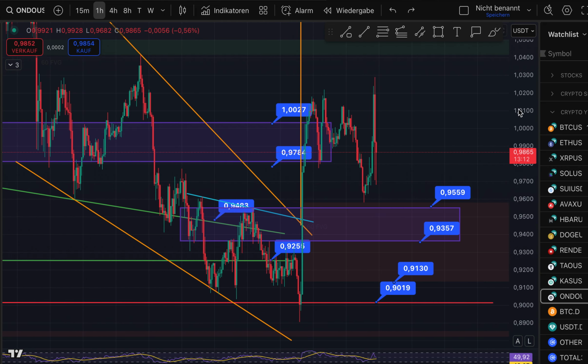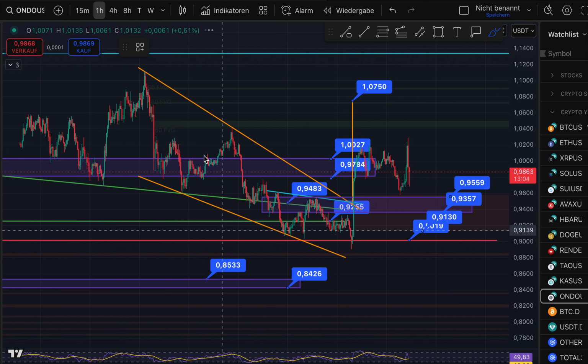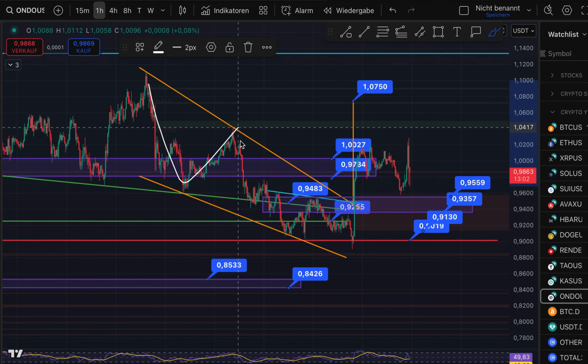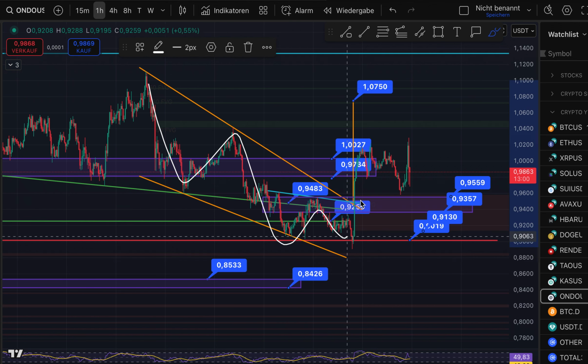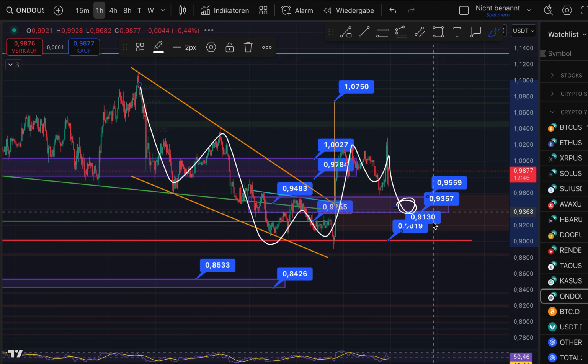I mean, we have the bullish chart patterns. For ONDO, it is still $1.07. This is the overall target from the falling wedge in orange. So if we now get a dip into that purple box, and if I really love ONDO and I want to hold it in my HODL portfolio for the next decades, maybe there is a good entry.